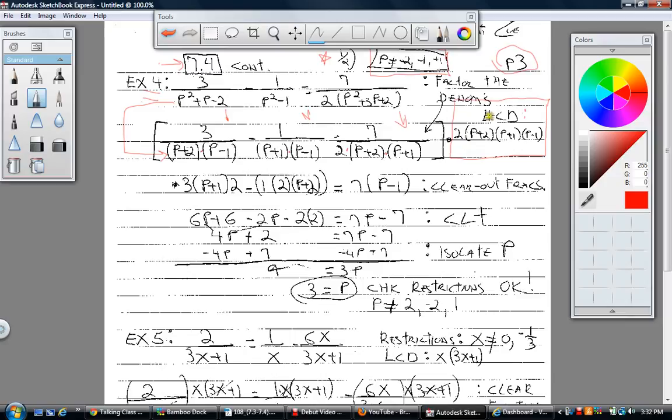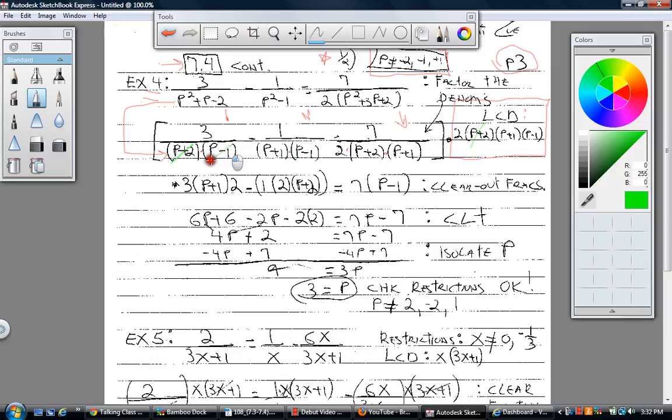So what I'm going to do is I'm going to go to green mode, and I'm going to take the first rational expression. I'm going to look at the denominators. I know that's supposed to be cleared out because I'm multiplying by the LCD. So p plus 2, I cross it out, and over in the LCD, I find p plus 2 and I cross it out.